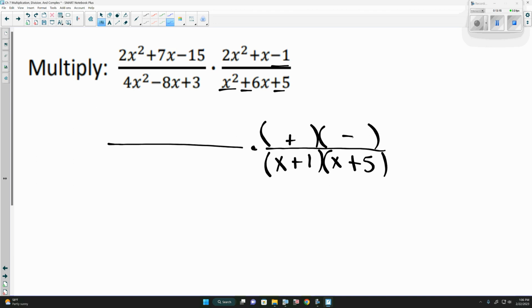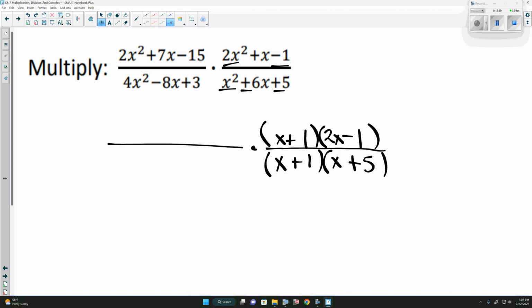Factors of 2x squared, our first term, well, we know we'll have x and x. 2 and 1, where do we want to put the 2? Negative, positive, negative, 1 and 1. Because if this does work, we now have a what on top and bottom? X plus 1 and x plus 1, they match.